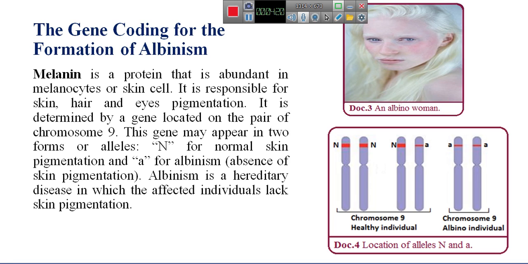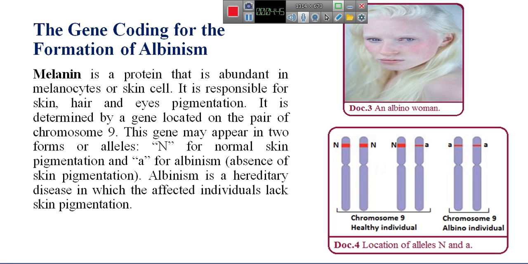The darker your skin, the more melanin you have. The brighter your skin, the less melanin you have. And unfortunately, females like this one, and also males, if they lack this protein called melanin, we end up with a specific case called albinism, which represents individuals who lack skin pigmentation.